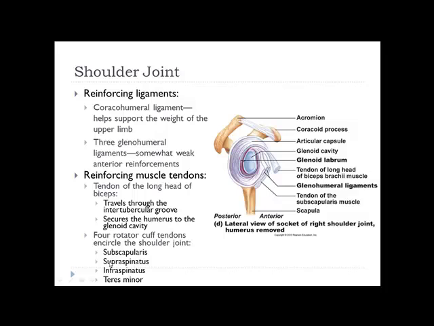Of course, I didn't put them in order on this lecture, I probably should have. But it goes supraspinatus, infraspinatus, teres minor, and then subscapularis. So SITS, S-I-T-S: supraspinatus, infraspinatus, teres minor, and subscapularis. It's an easy way to remember those guys.